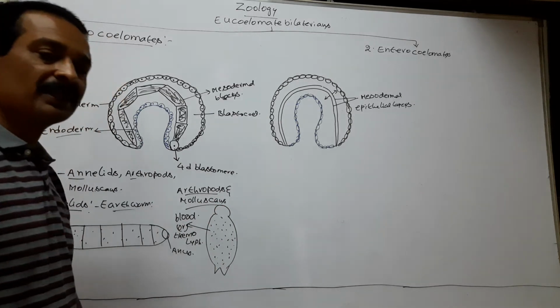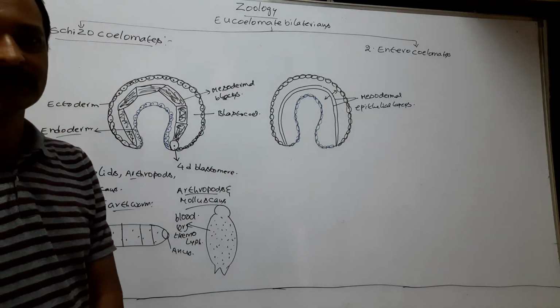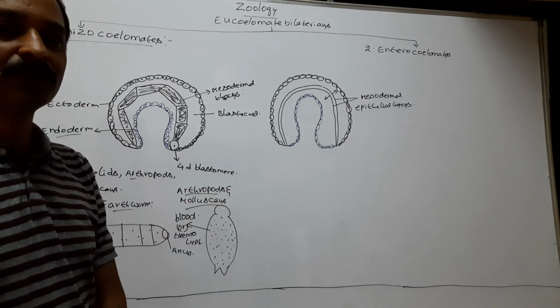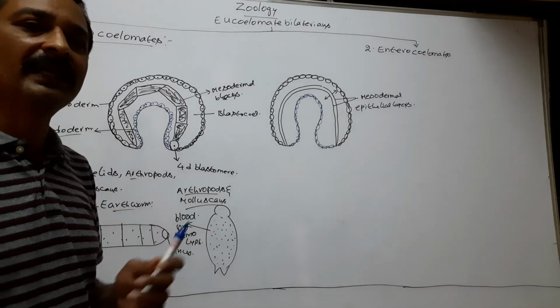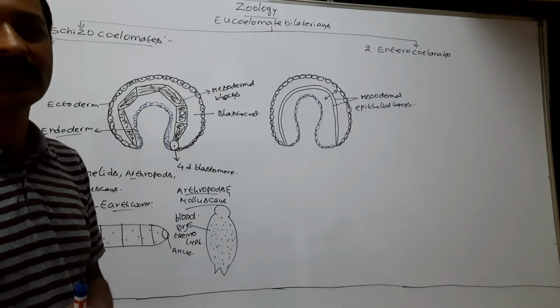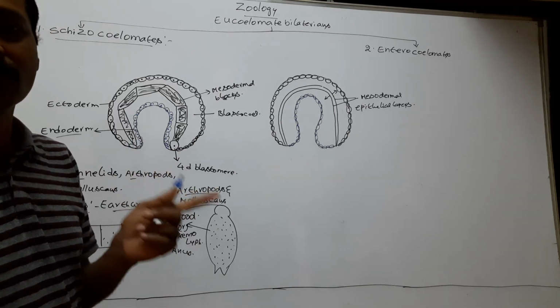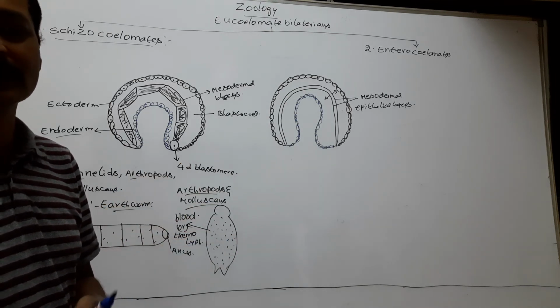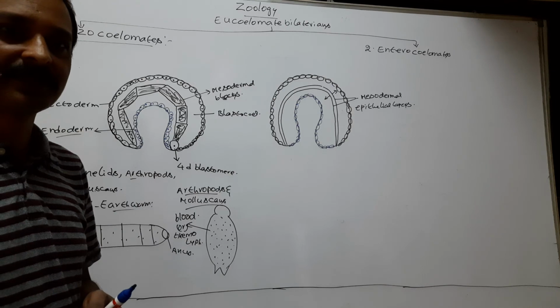Due to absence of blood vessels in arthropods, blood flows through body cavities. This type of circulation is called open type of circulation. I already explained open and closed types of circulation in previous classes.